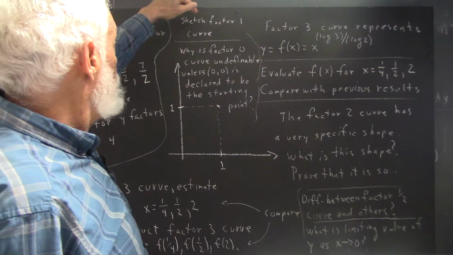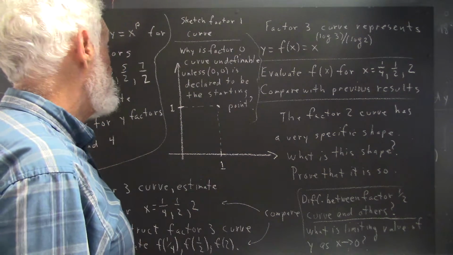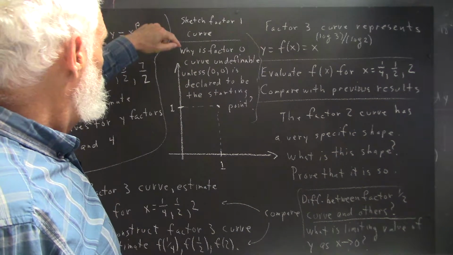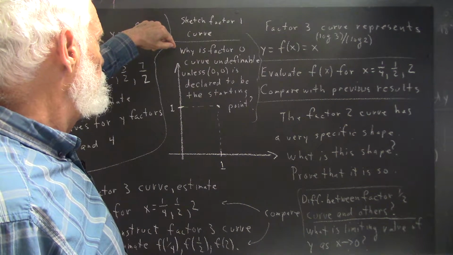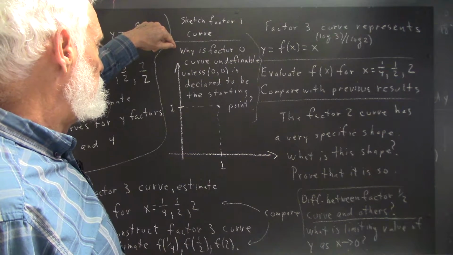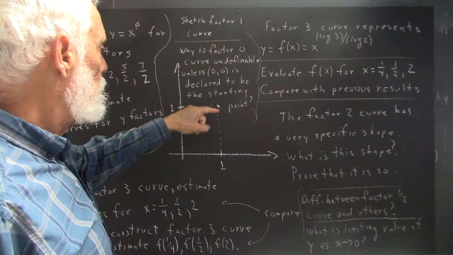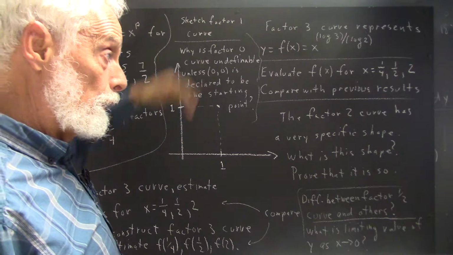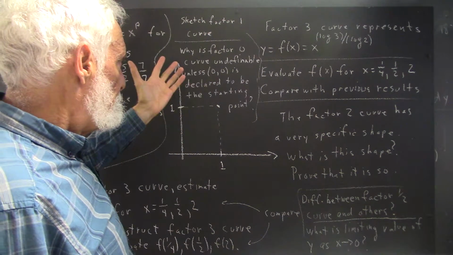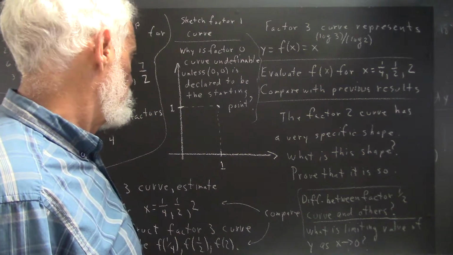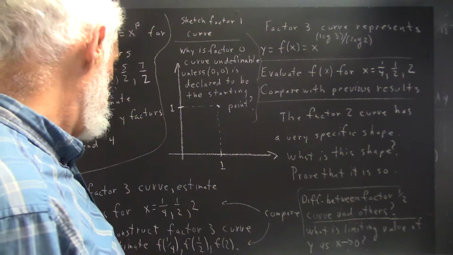Okay, so we want to sketch the factor 1 curve. Okay, so I want you to add that to this. And then, why is the factor 0 curve undefinable unless 0, 0 is declared to be the starting point? In other words, if we start with 1, 1, as we have with all the others, what's weird about the factor 0 curve? And is it really a curve even?